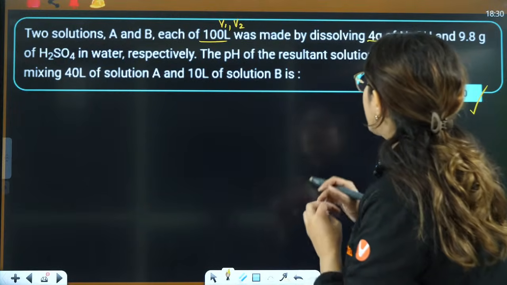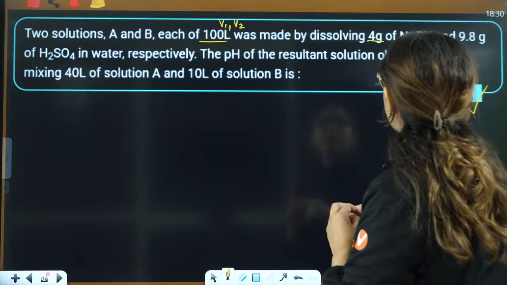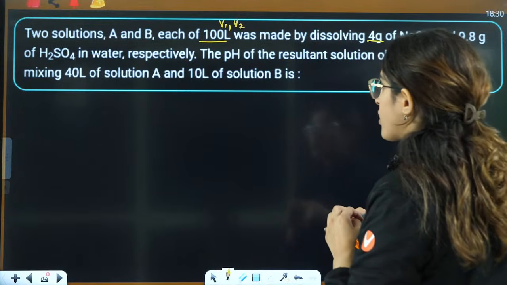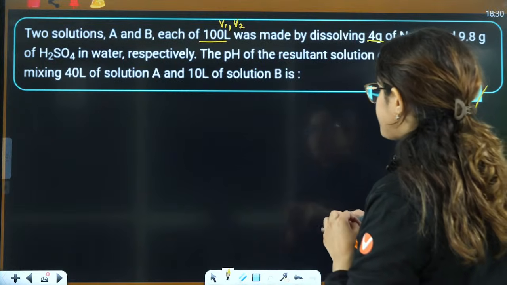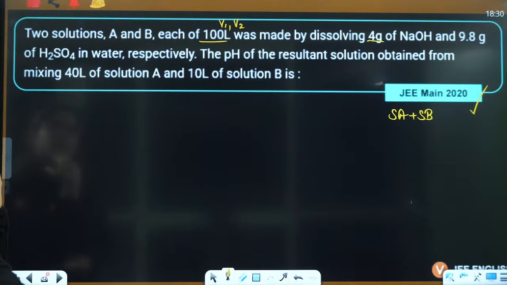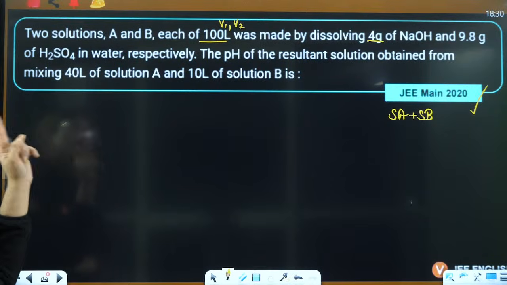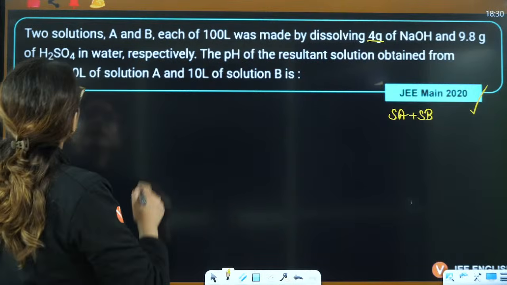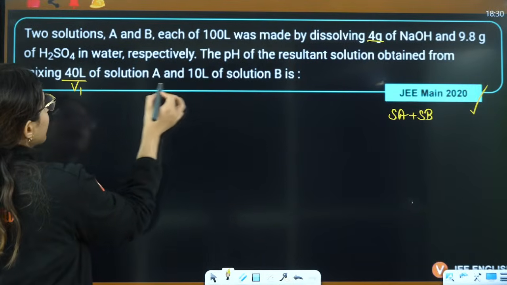Two solutions, each of this volume, were made by dissolving this much NaOH and this much H2SO4 in water respectively. Here you first have to calculate molarity by taking 100 liter. This is not V1, V2; V1 and V2 are the mixing volumes.